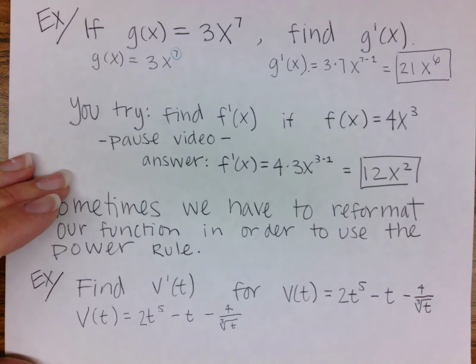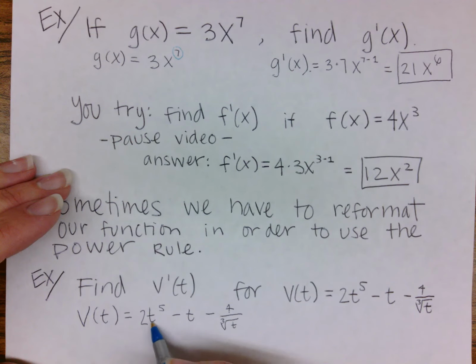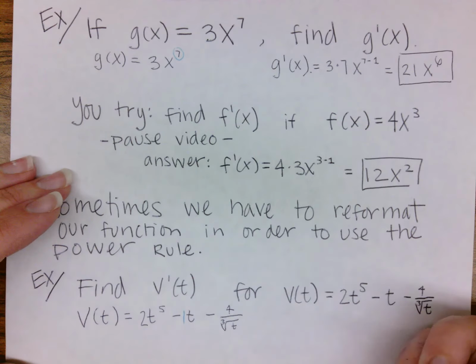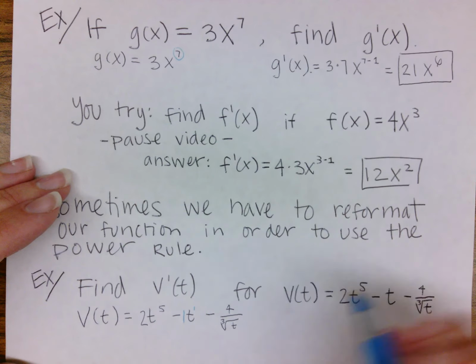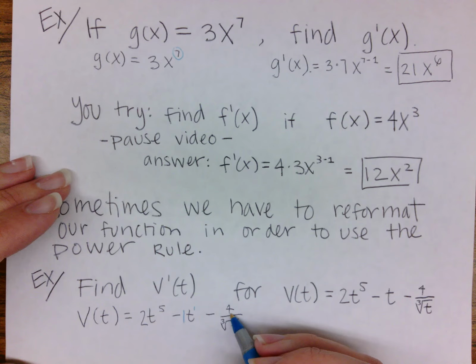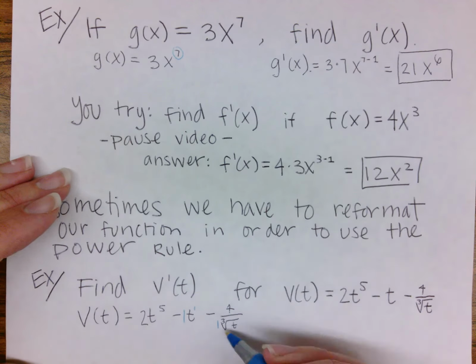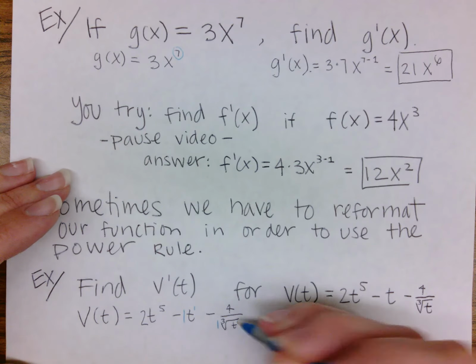And now that I have the problem rewritten, I'm going to include any coefficients and exponents that I haven't used yet. So 2t to the 5th, that's a coefficient and a power, minus 1t to the 1st power, minus 4, the denominator has a coefficient as well, 1, the cube root of t, and then t in here has an exponent of 1.